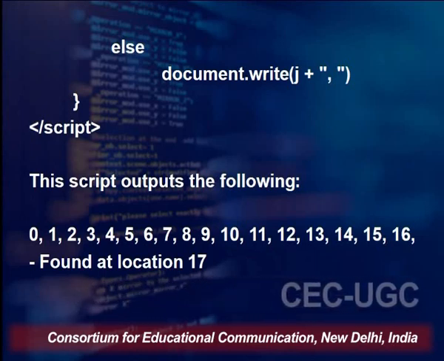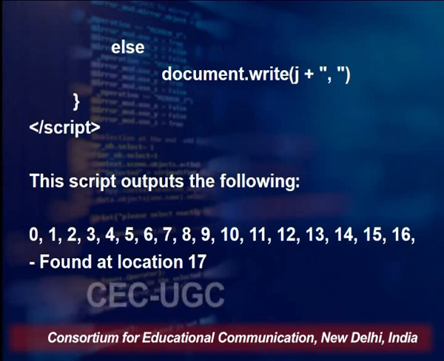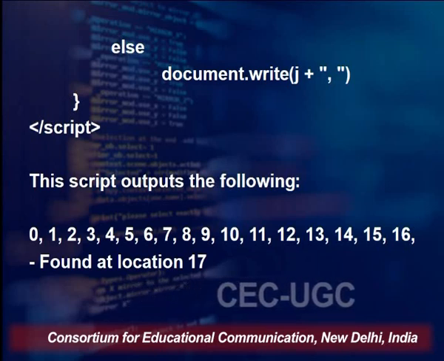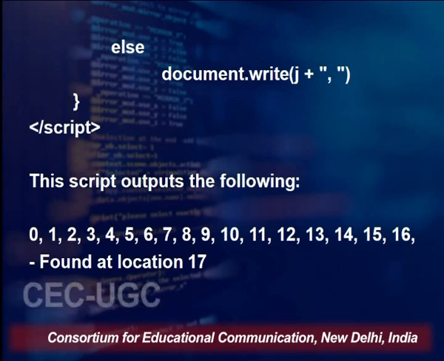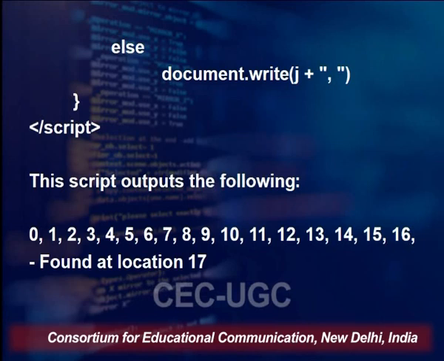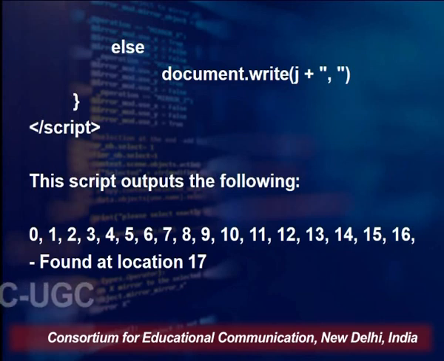So this will allow the programmer to control when exactly the loop should terminate, whether all the iterations should run, or only a certain number of iterations should be run, and then the loop should break.